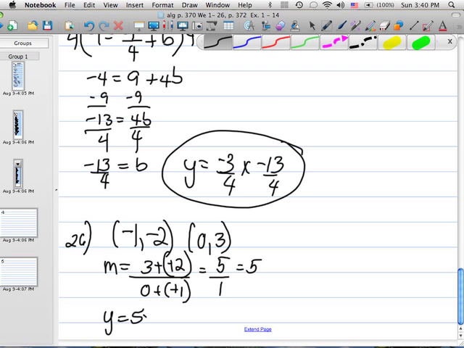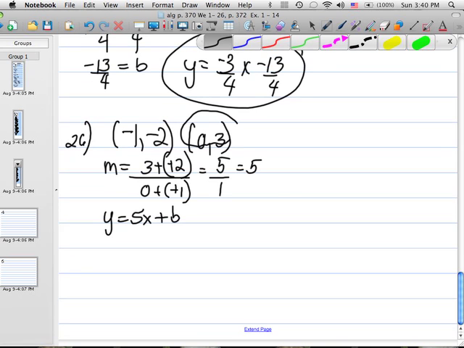So y equals 5x plus b. I'm going to use this ordered pair. So 3 equals 5 times 0 plus b. 3 equals b. So our final equation is y equals 5x plus 3.